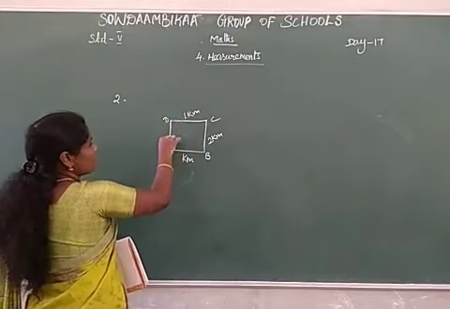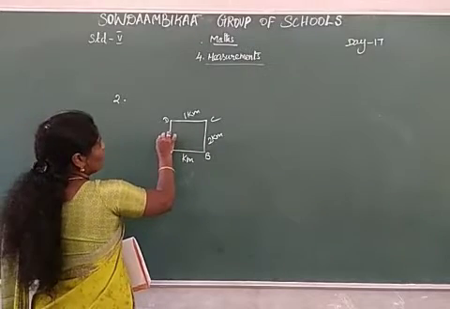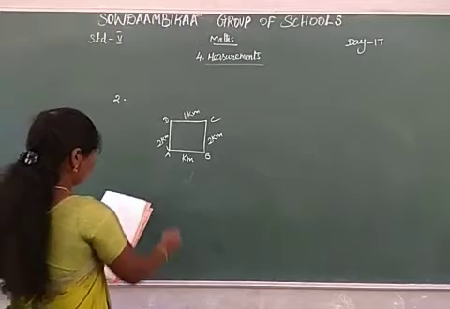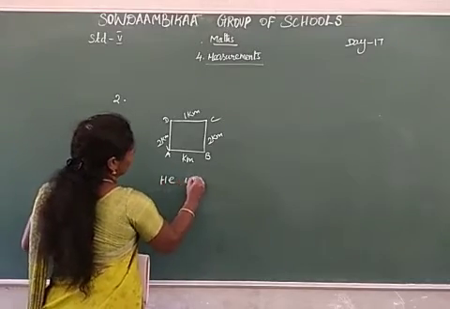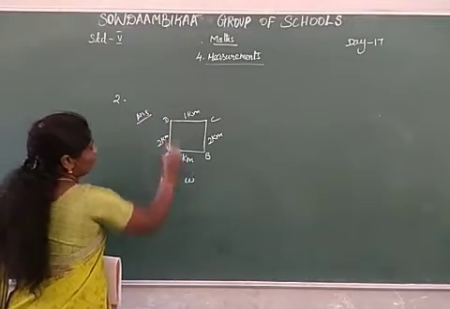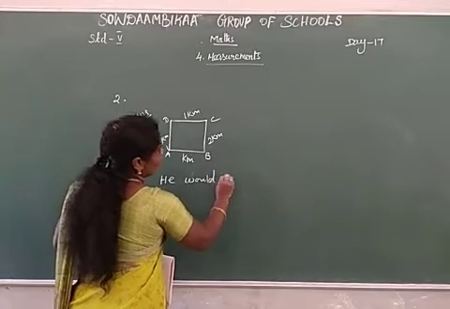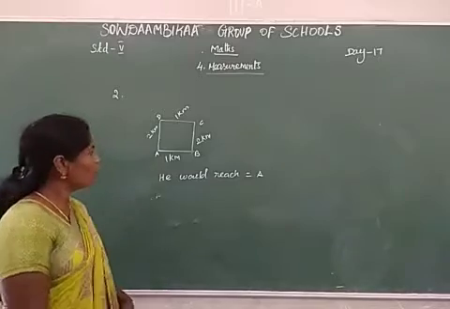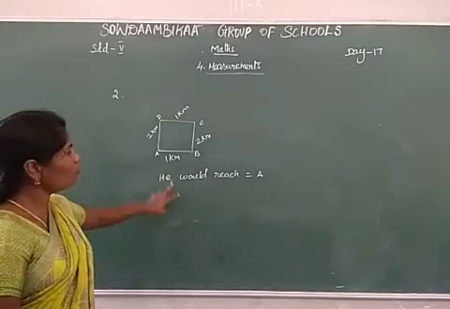Next, he goes 2 kilometers and reaches A. Okay, where does he come? A. He would reach A.